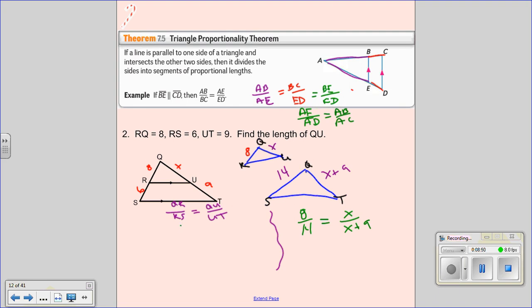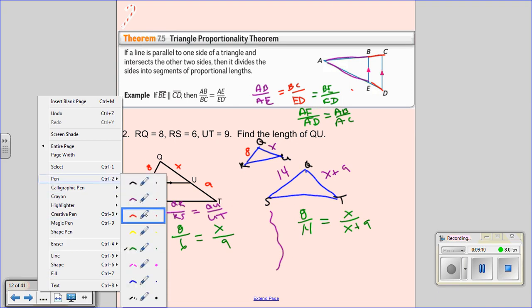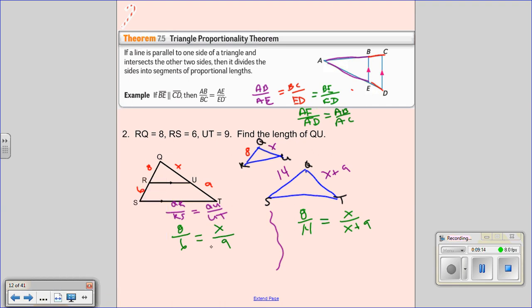So QR is 8, RS is 6, QU is X, and UT is 9. So that is an okay proportion to set up. You would still get the same answer if you used the right side. So let's cross multiply. 6 and X makes 6X. 8 times 9 is 72.